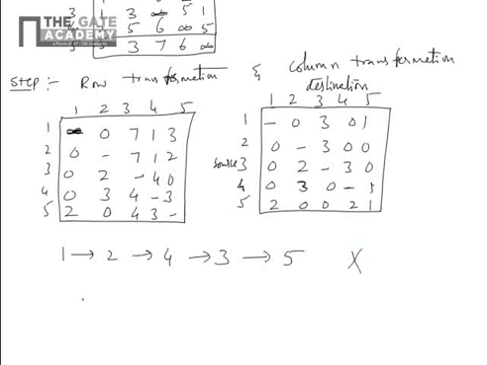So again, start allocating with some other method. Start at 1: there are options 1 to 2 and 1 to 4, wherever there is a 0 you can go. In the first row there is a 0 at 2 and 4.